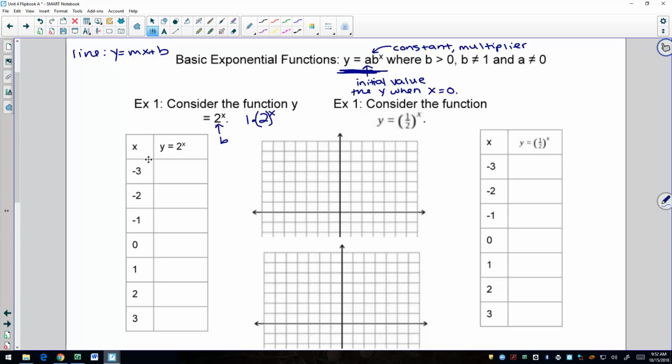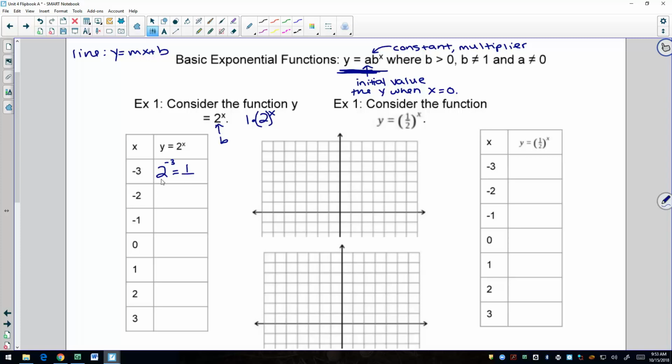So for the first table, we are looking at the function y equals 2 to the x. So any x that you plug in is going to go in the exponent spot. So to get the first y value when x is -3, this means we're doing 2 to the -3. If you recall from last video, when you have a negative exponent, you move it to the other side of the fraction.